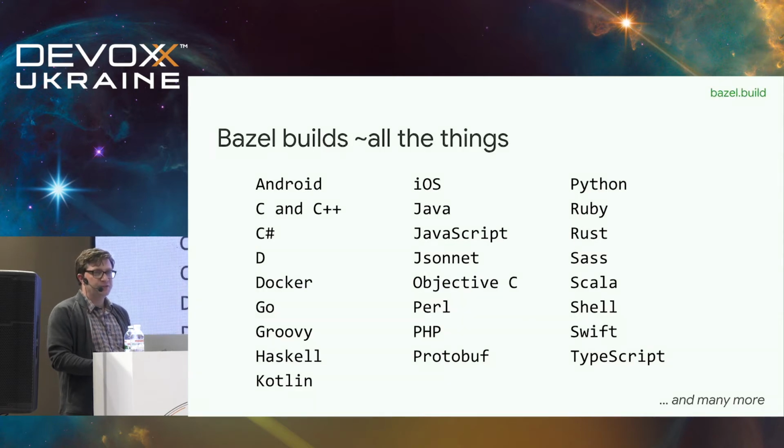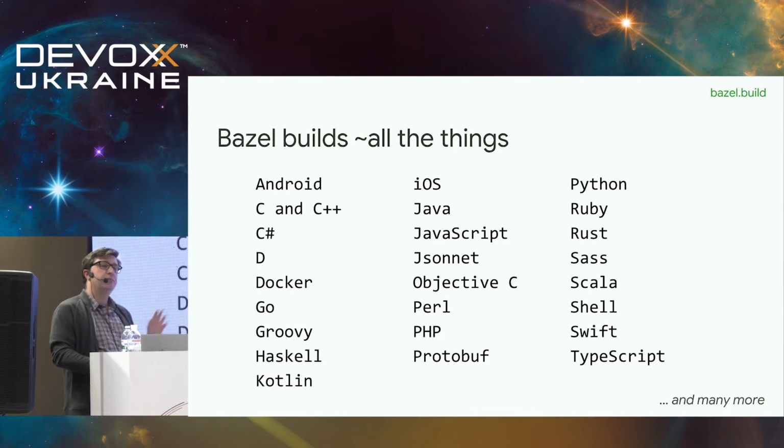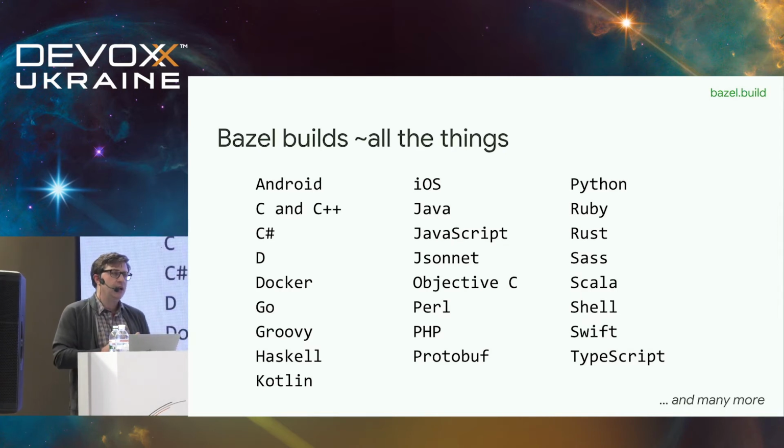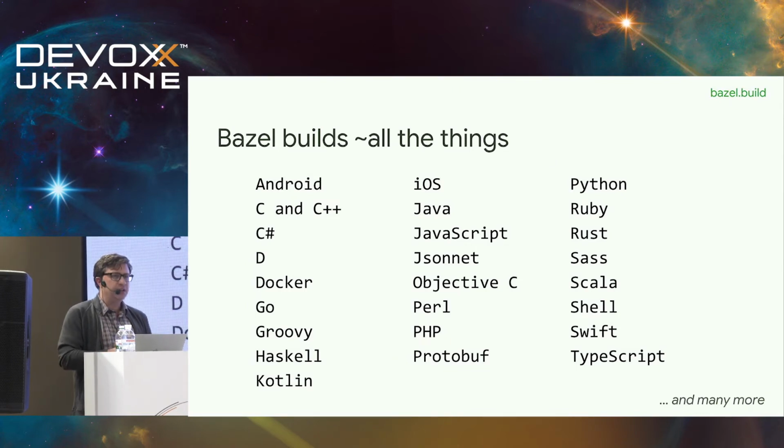What can you build with Bazel? Everything. Here is a small sub-list of the things that you can build with Bazel. Bazel includes an extensibility mechanism. It's a language we call Starlark. It's a lot like Python, and it lets you build plugins, or what we call rules, language rules. These are the rules for how you build this language or that language.